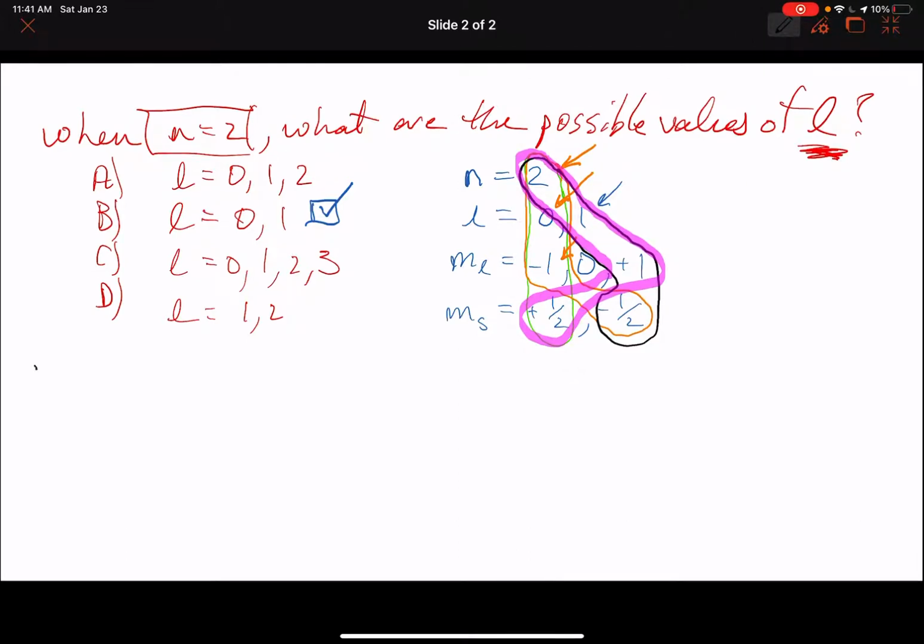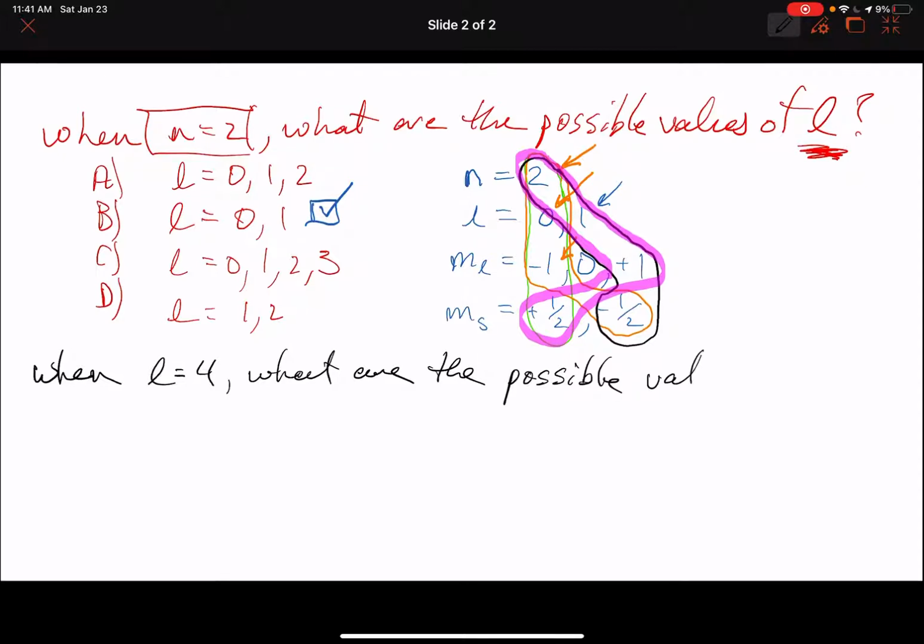So we could also say when L equals 4, what are the possible values of M sub L? That's another good question.